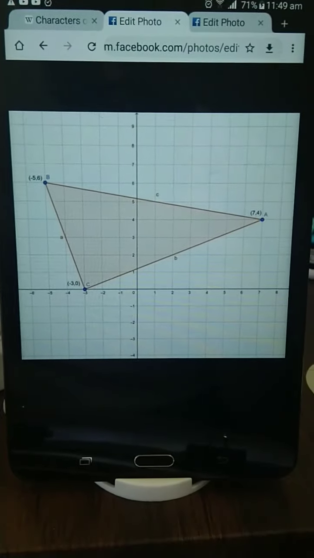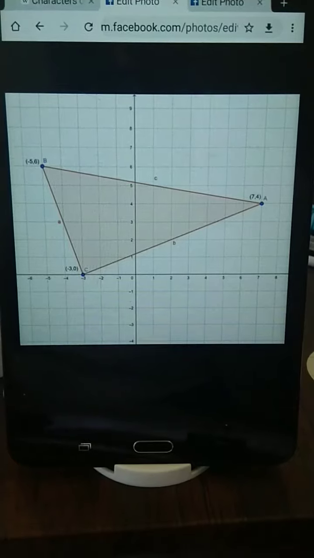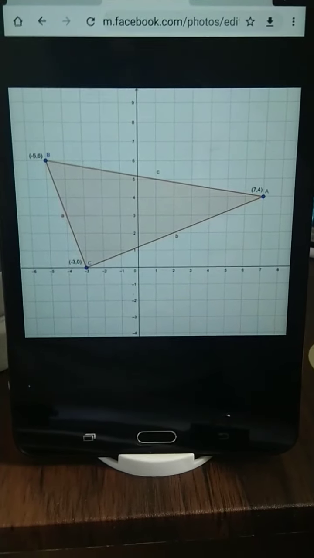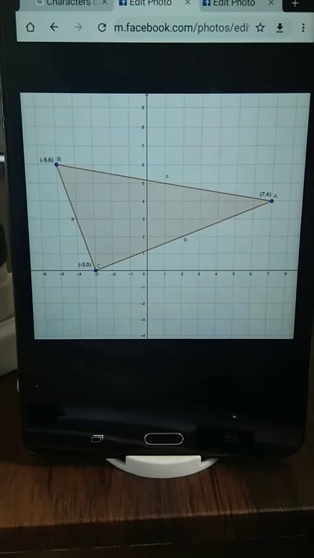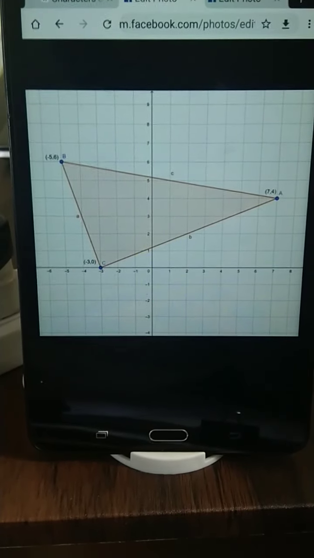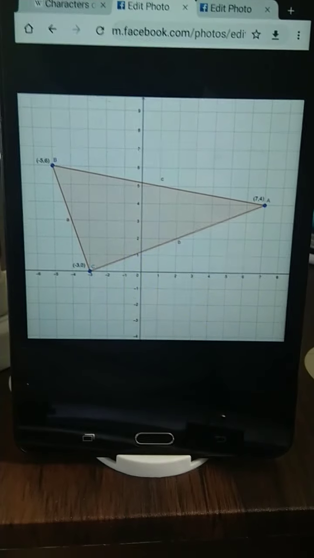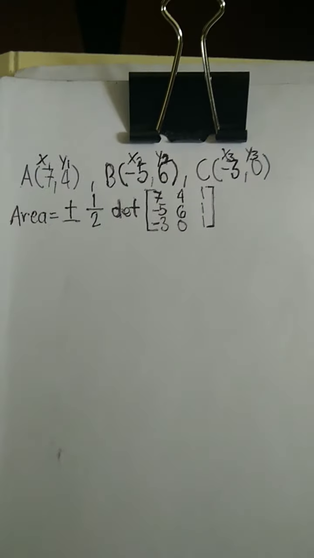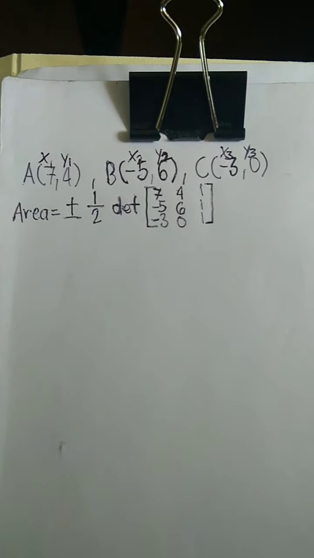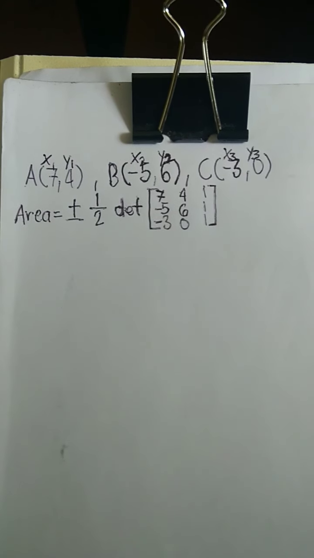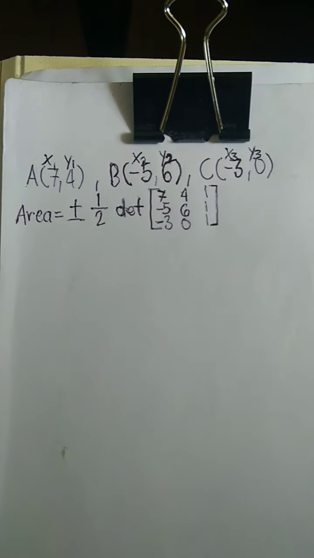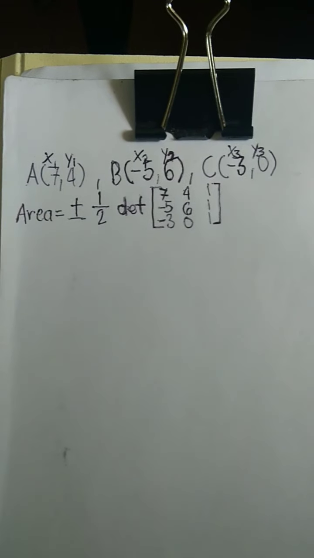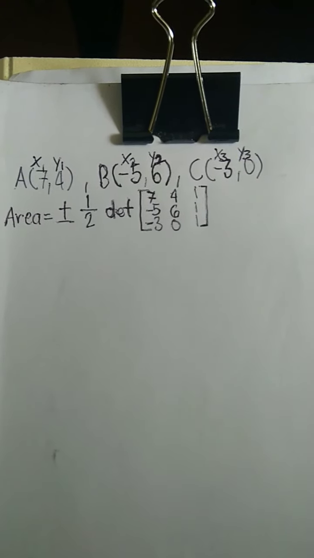This is my given example of a triangle, shown on this graph with its points: A is 7 and 4, B is -5 and 6, and C is -3 and 0.